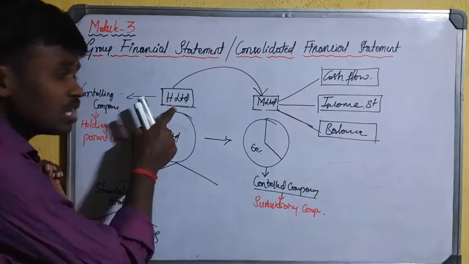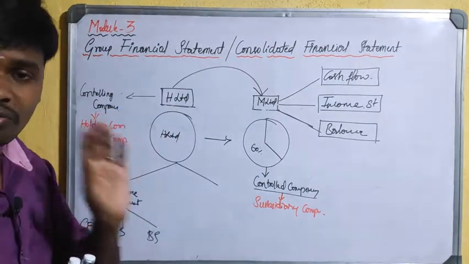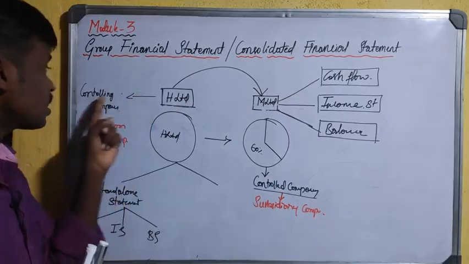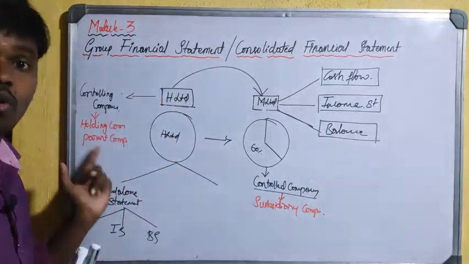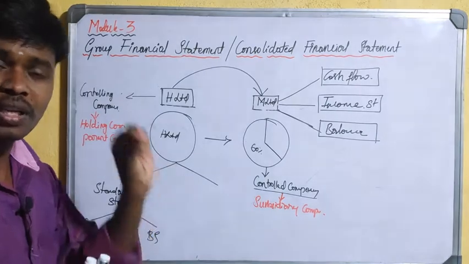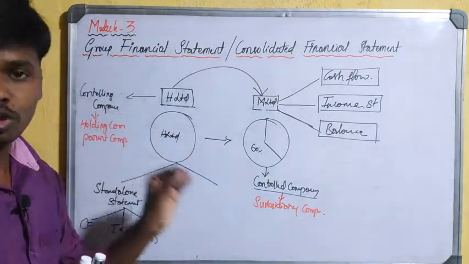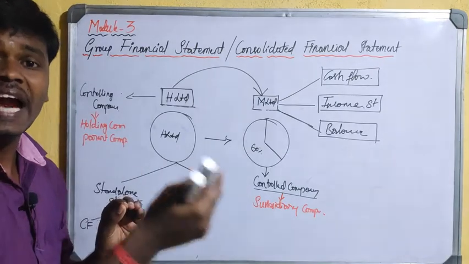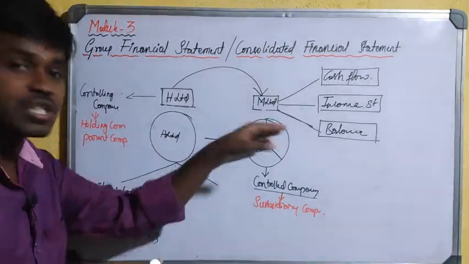So H Limited will prepare the consolidated financial statement because this is the parent company, or the controlling company, or the holding company. The holding company or parent company only prepares the consolidated financial statement by adding the various items of the subsidiary company.